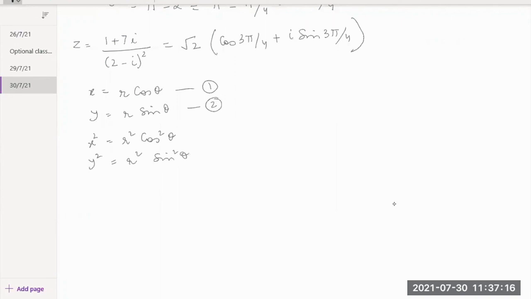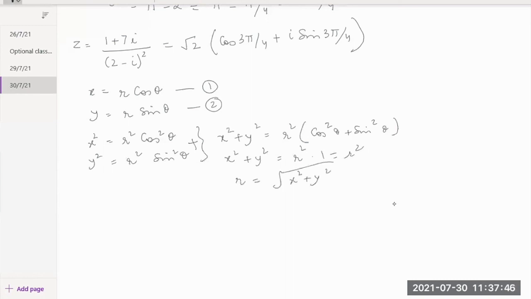And if you add these up together, what will you get? x square plus y square gives you r square times cos square theta plus sine square theta. And you know that this is 1. So x square plus y square gives you r square into 1, which is r square. So now you can read the value of r also over here. That is under root of x square plus y square.